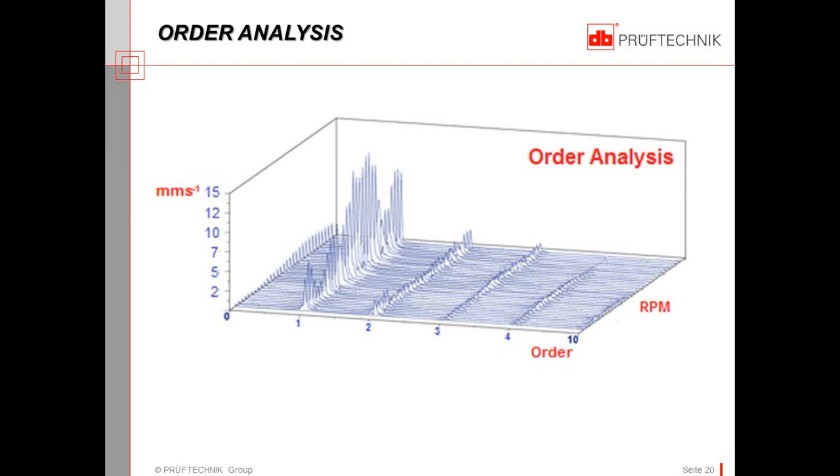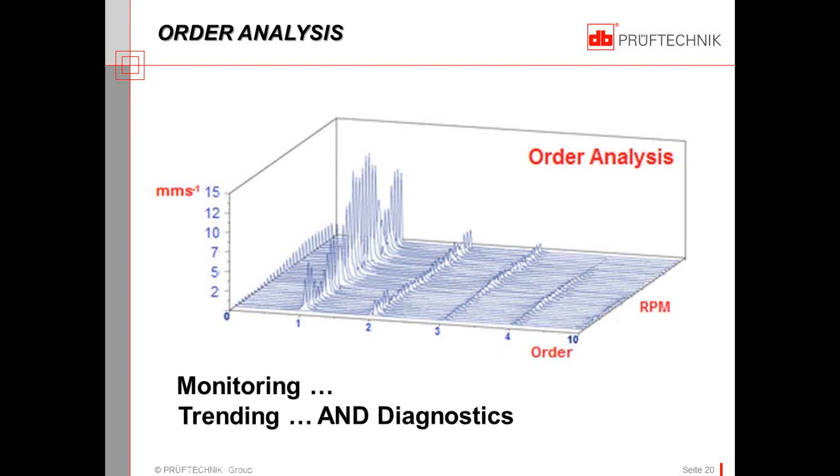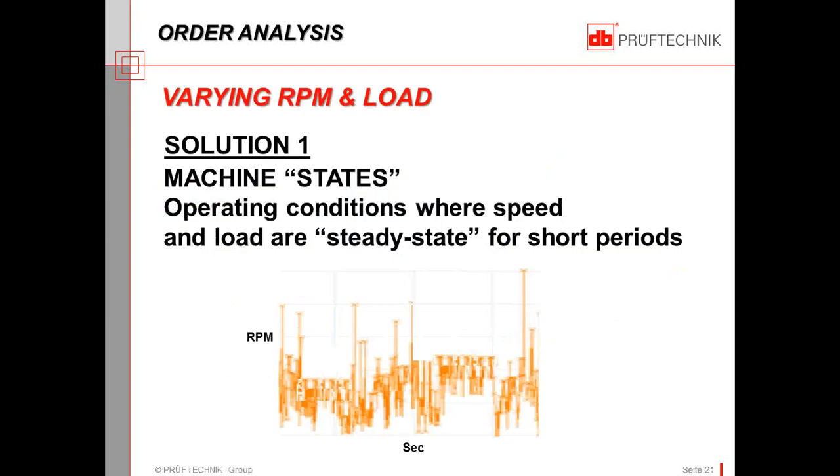Or if you have online monitoring of machines that have varying RPMs, that interval between measurements might be 4 to 6 minutes. So again, for monitoring purposes, for trending purposes, and also for diagnostics.